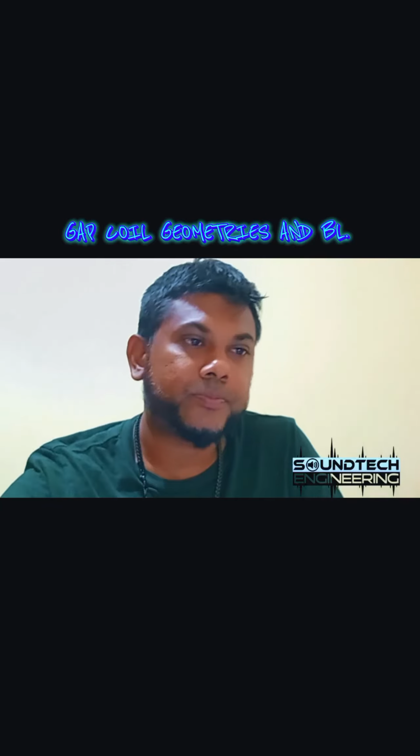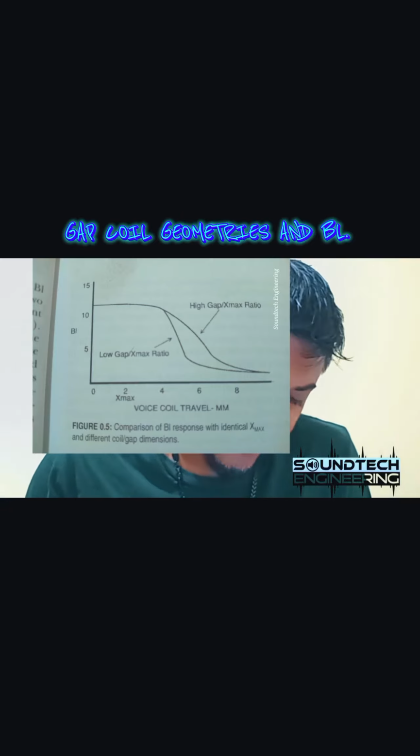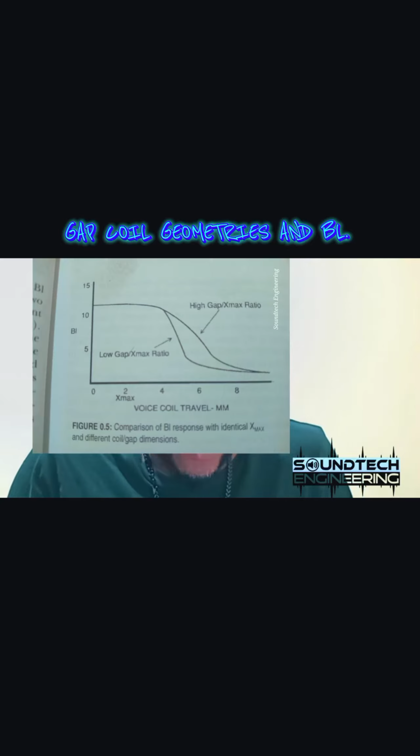Now, this graph here illustrates the variation in nonlinear behavior for geometries with the same Xmax but different ratios of gap height to Xmax, as in the example we just gave.